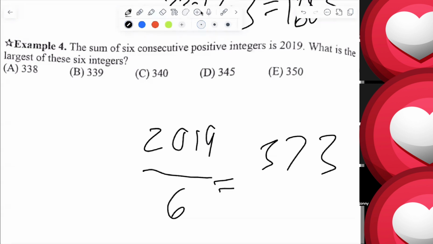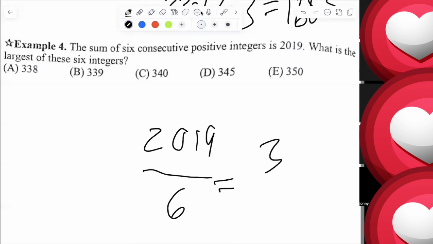373.5. I think that's right. Well, let me calculate again. No, that was an overshoot. My bad. 26 is 18, so we get 3, and then we bring down 21.